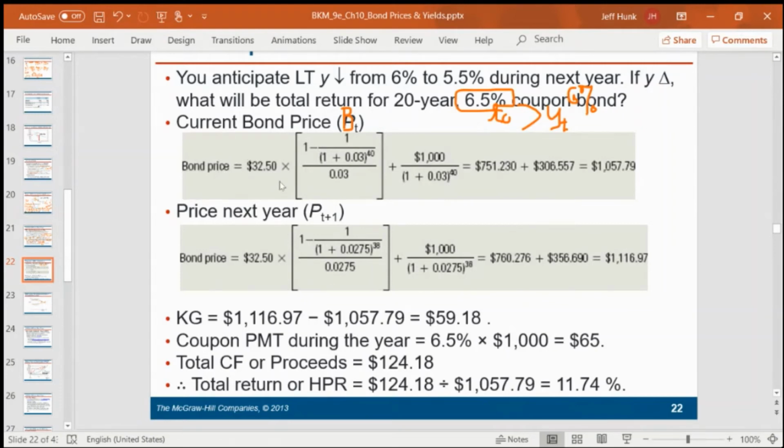We know the bond coupon payment is semi-annual. The previous one was annual. It's normally assumed semi-annual. It's always semi-annual.